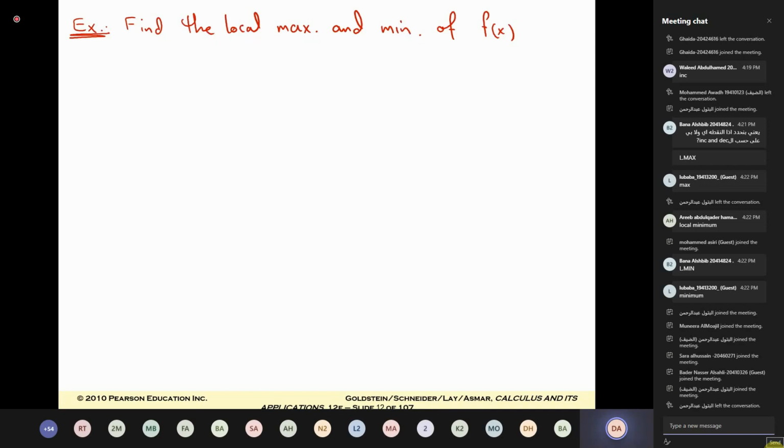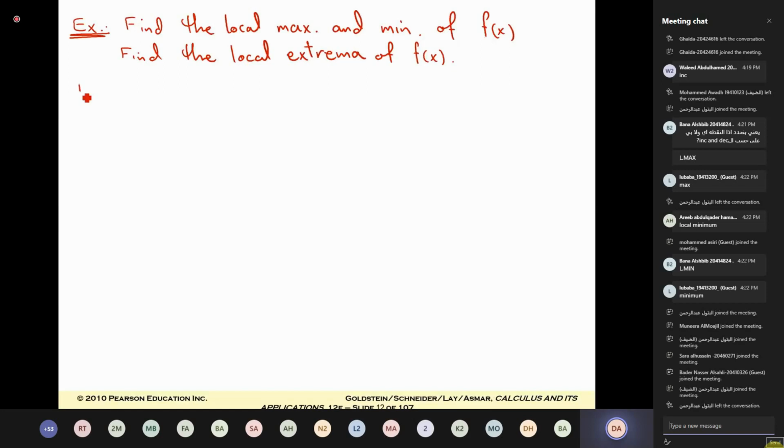Also, I can ask you to find the local extrema of f of x. This is the same, okay? If I ask you to find local extrema, this means find the maximum and minimum, okay?